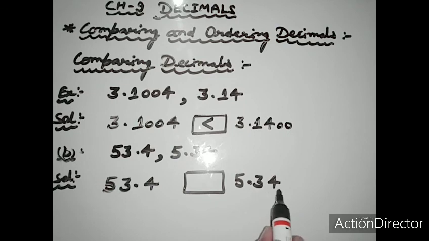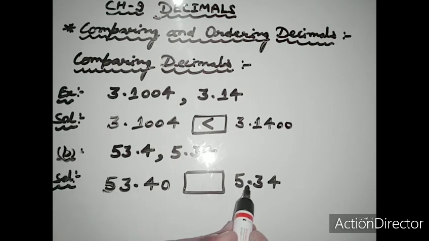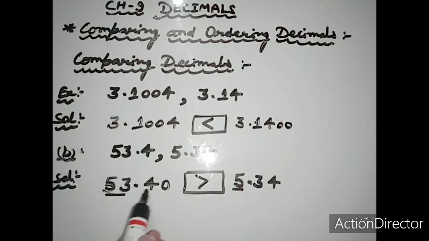Now what is the total number of decimal places? Tenths, hundredths. So we increase 1 zero here. Now after that, we compare the two numbers. In the whole part there is 5 and there is 3, there is no number here. It means 53 is greater or 5 is greater? 53 is greater as compared to 5. So here we say that 53.40 is greater as compared to 5.34.